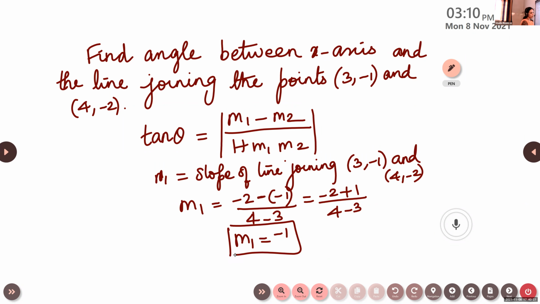Now, what about m2? m2 is the slope of the x-axis. Jewel, what is the slope of the x-axis?